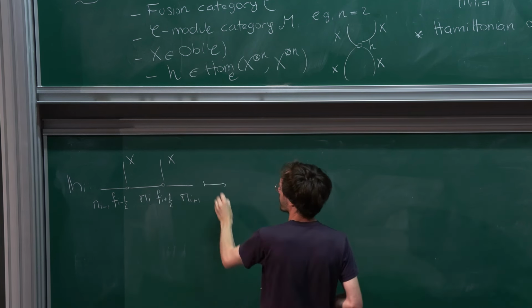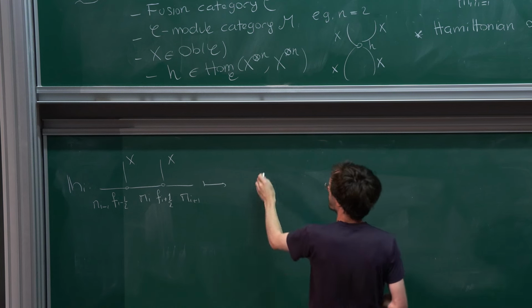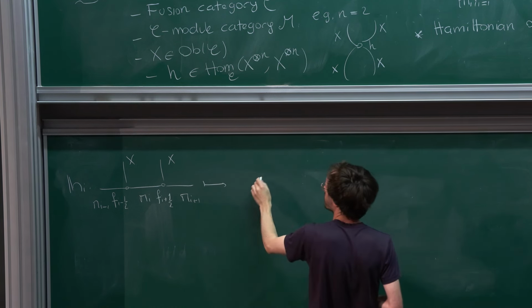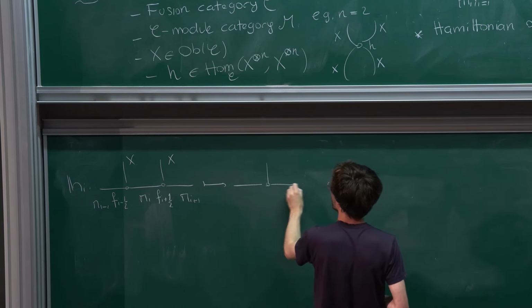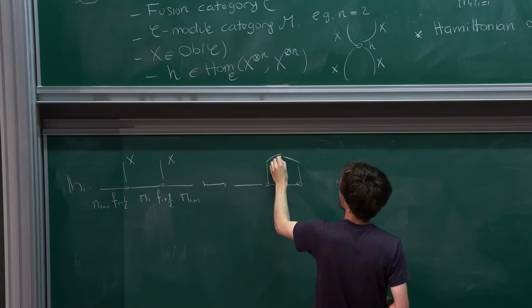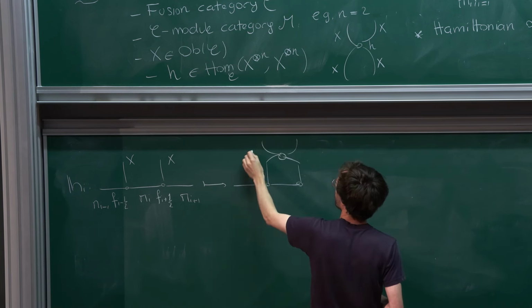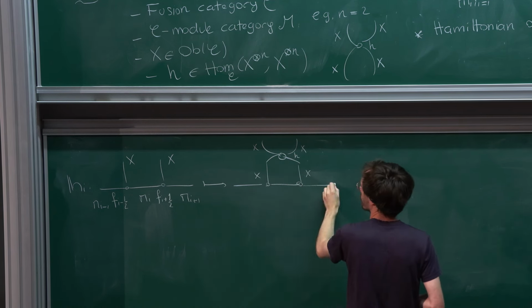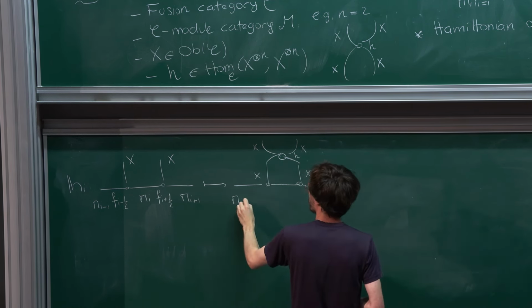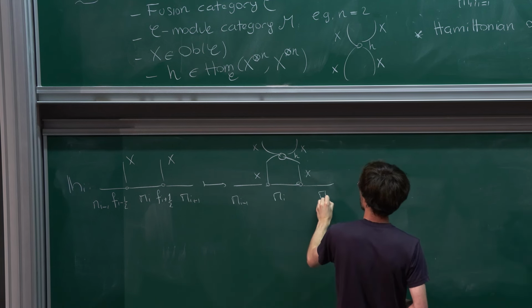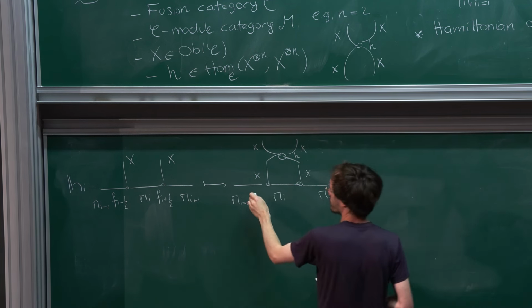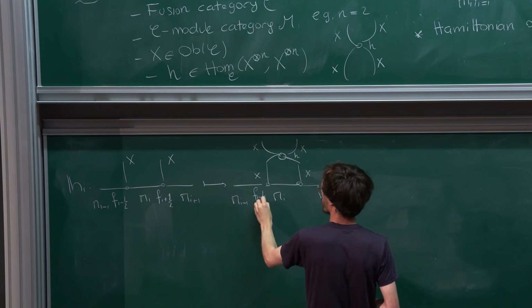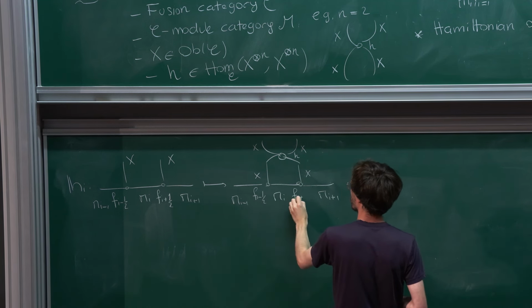Okay. And it acts in the following way, by just stacking that thing on top, essentially. At this point, the degrees of freedom at the bottom are completely unaffected, exactly the same.